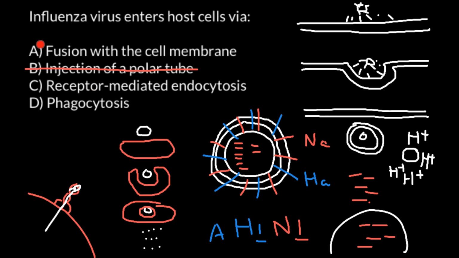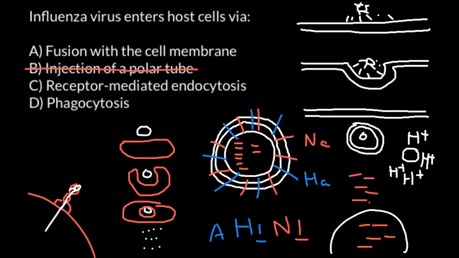And variant A, fusion with cell membrane, also, as you see, describes what happens on the third stage. Not on the first stage, but on the third stage. But before, it also would be fused with another vesicle that we call phagosome, that contains lysosomes.